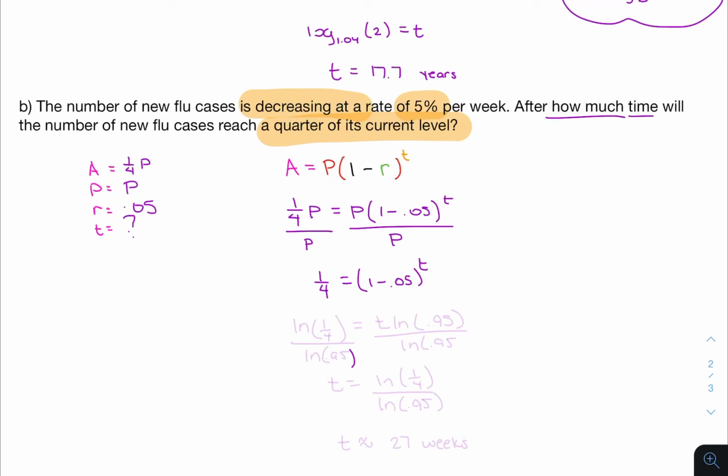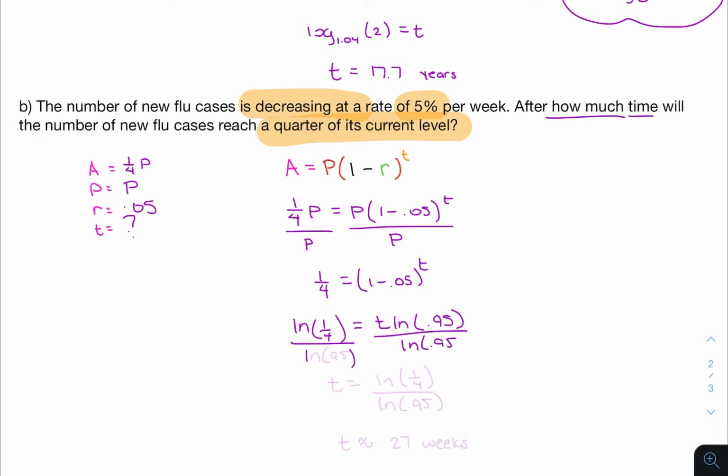Now again, just plug it all in and solve for it. So you have the ln of 1/4. Again, you can use either log or ln. And you have t ln of 1 minus 0.05, that's just 0.95. So we can do that and then divide both sides by ln of 0.95.